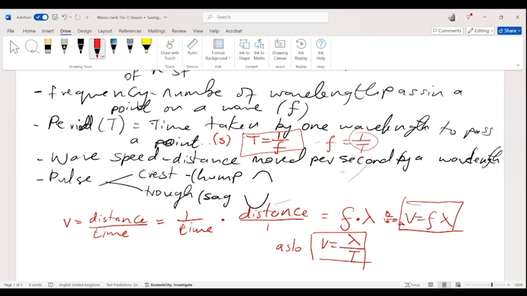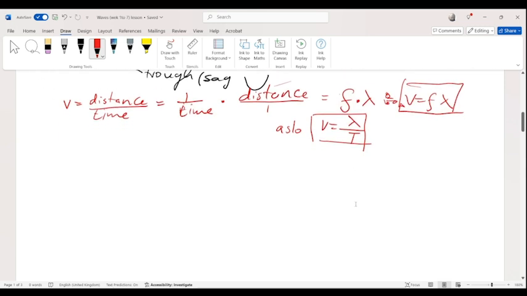We're gonna move to another segment of waves. Now, what happens when waves interact? When waves interact, there's some so-called superposition. Now, what is superposition of waves or of pulse? Superposition.